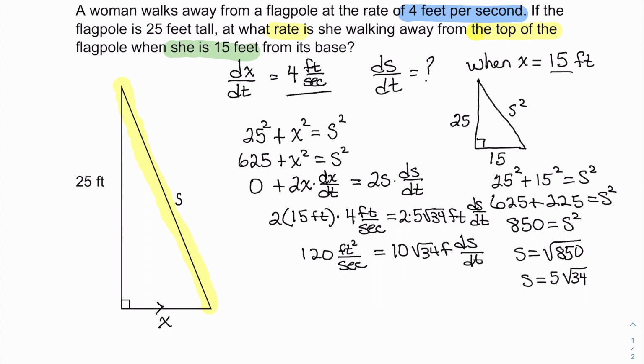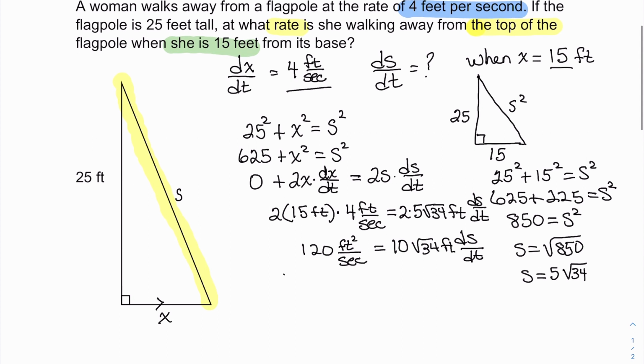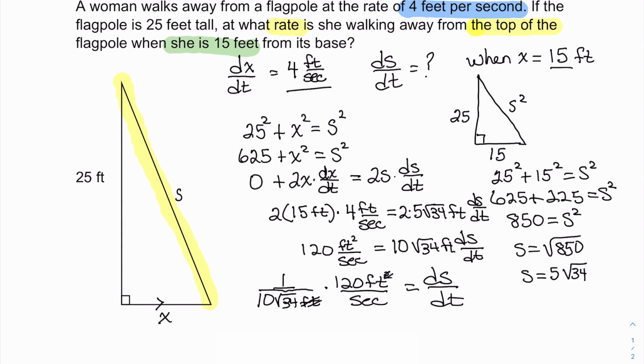And then solving for ds/dt, we want to divide both sides by the 10 times the square root of 34 feet. So I have 1 over 10 times the square root of 34 feet, times my 120 feet squared over seconds, is equal to ds/dt, and my feet unit in the denominator will remove one of those in the numerator.